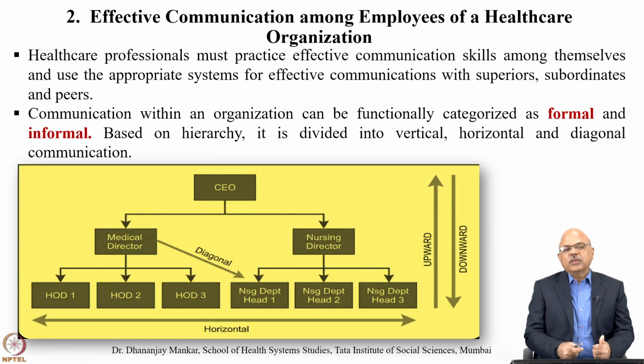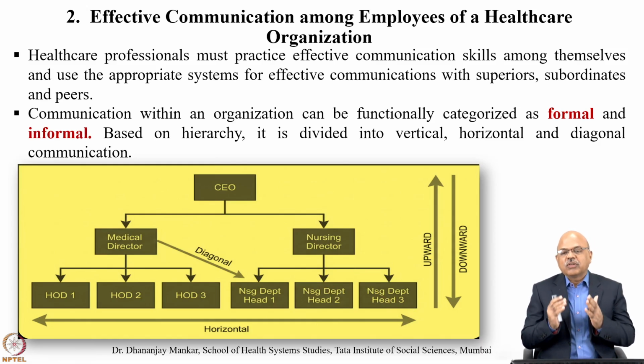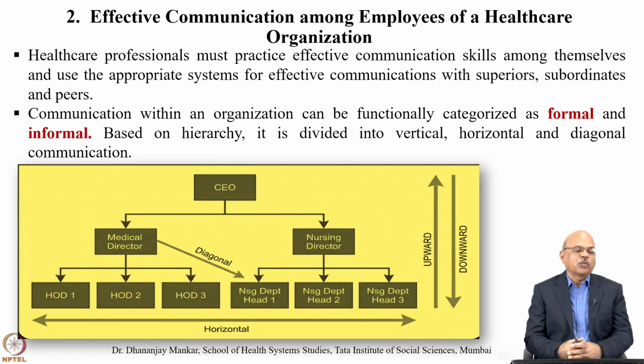What is the importance of this? Communication within an organization can be functionally categorized into formal and informal communication. Formal is put in papers and goes through a proper channel, and can be seen with respect to purpose. Informal can be based on reasons, sometimes on biases, or on signs, and that is an informal way of communicating.